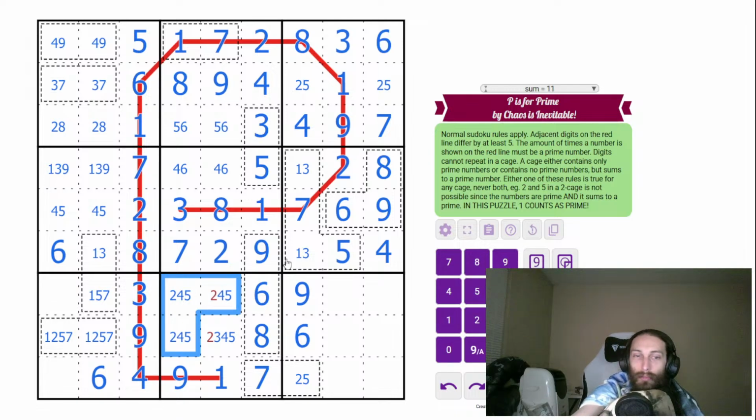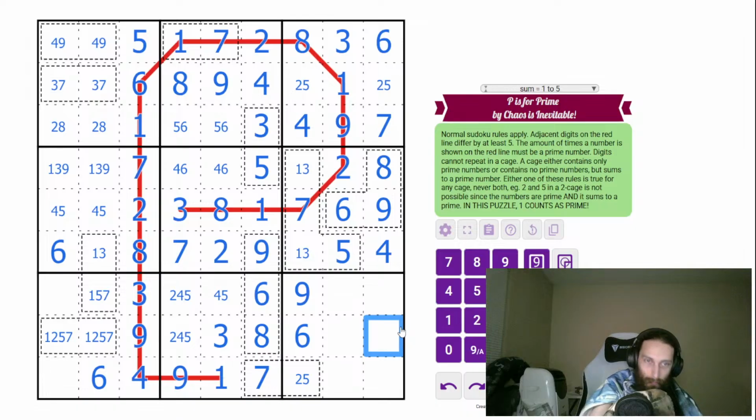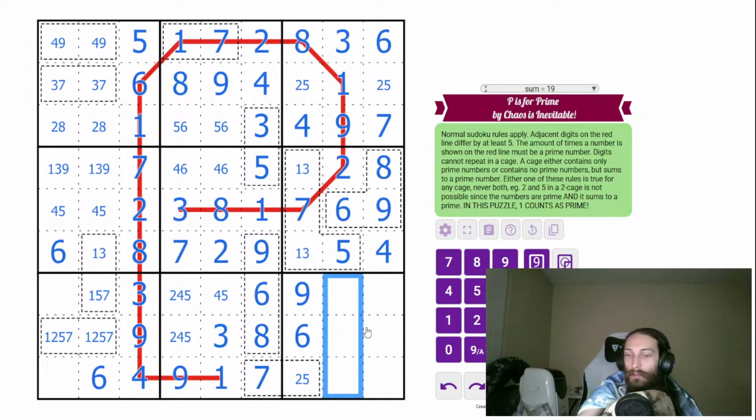These 3 are 3. So that is 2. 3, 1, 9, 2, 6, 5. Now it's 8.